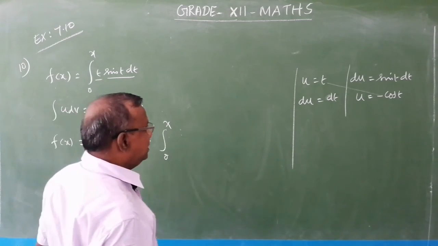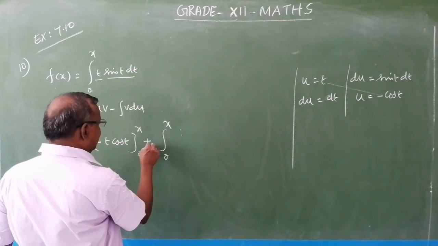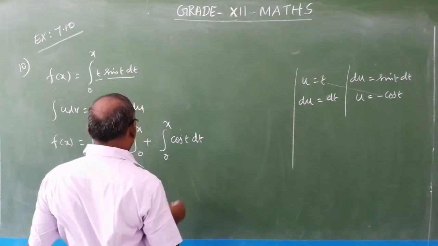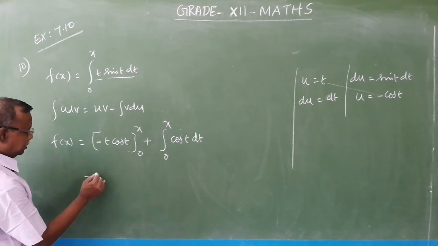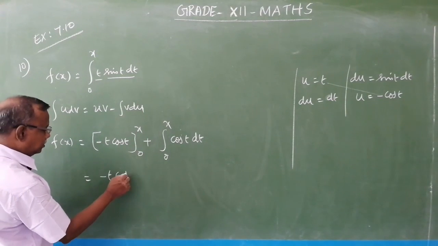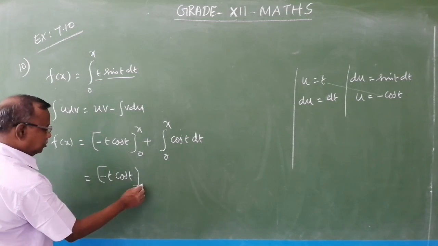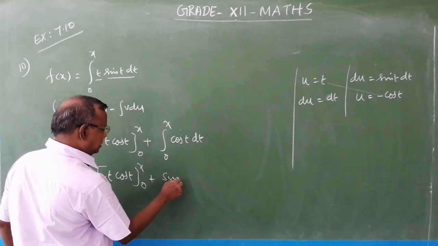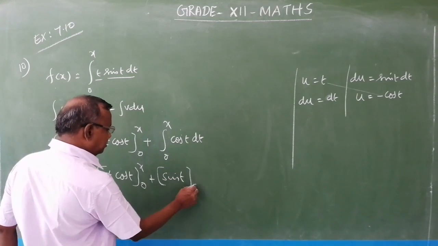V means minus cos t, minus into minus plus cos t, and du means dt. This is equal to minus t cos t from 0 to x plus, integrating cos t, we have sin t from 0 to x.